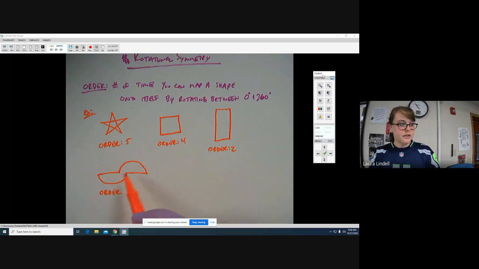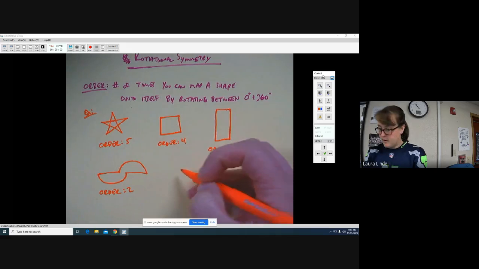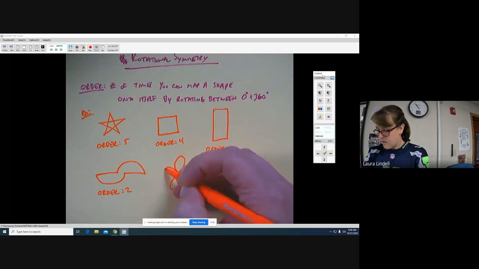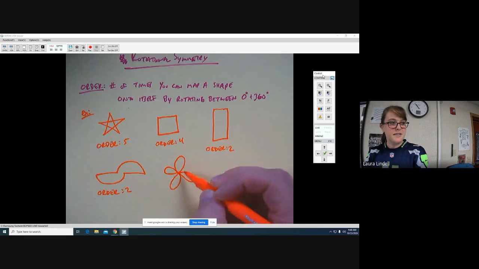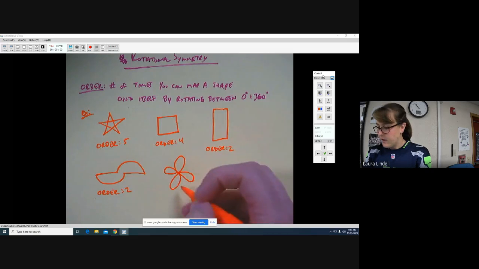And those 2 things look the same. So the order would also be 2. Assuming these were all the same size and length and shape and everything, because drawing is hard, this would have an order of 4.